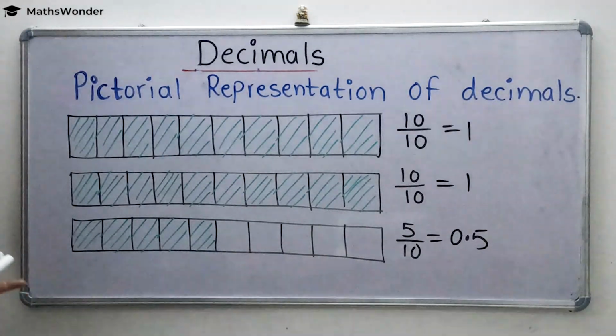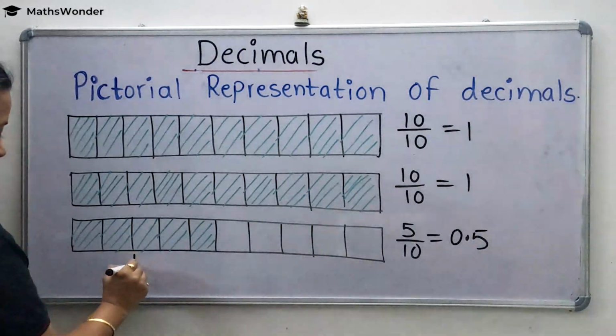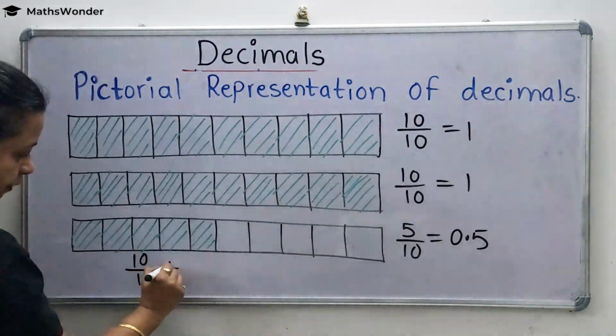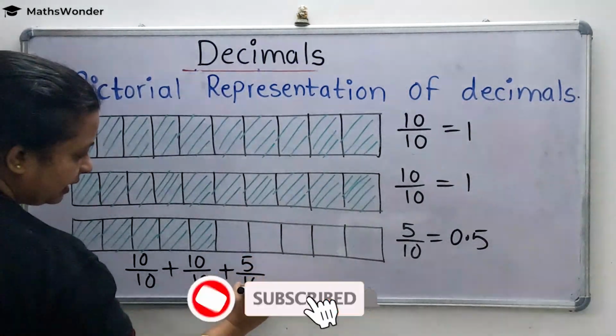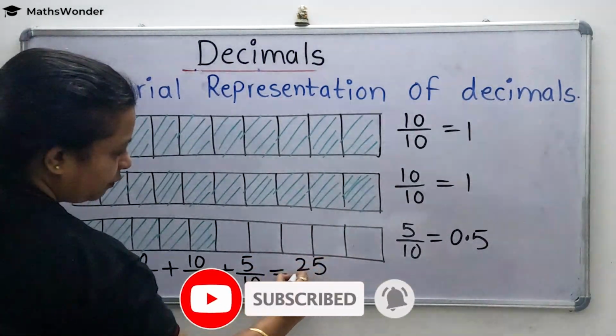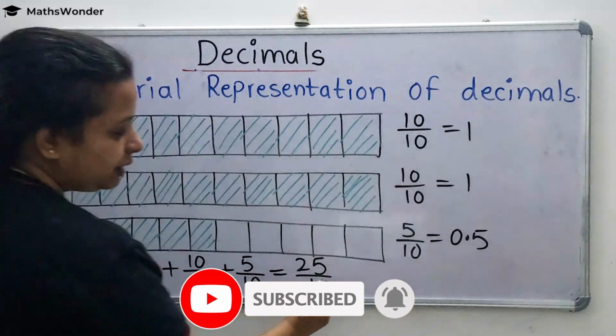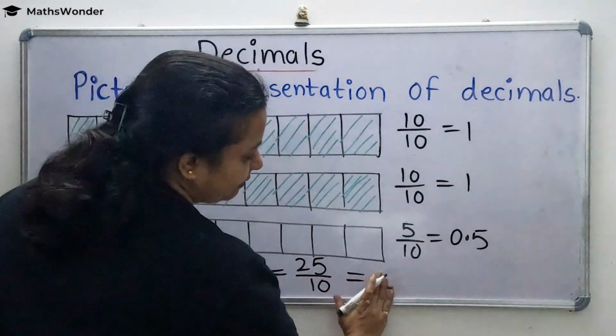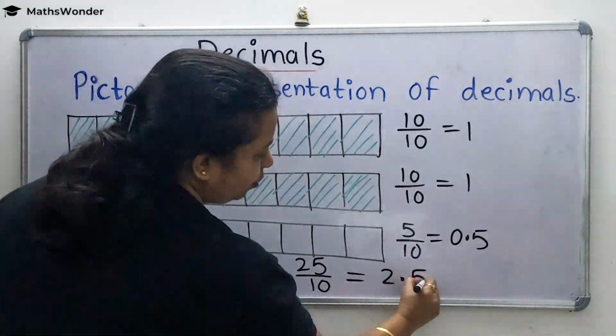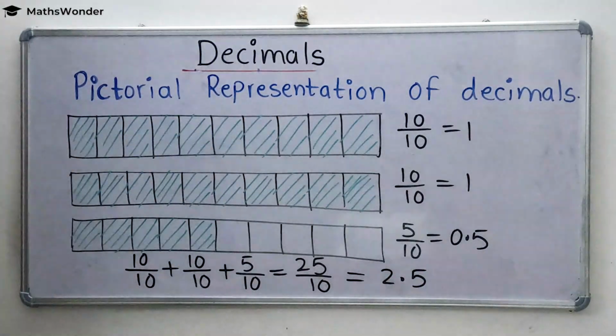In fractional form, 10 over 10, 10 over 10 and 5 over 10 is 25 over 10. And 25 over 10 you can easily convert into 2.5, because 2 is whole and 5 is 5/10, right?